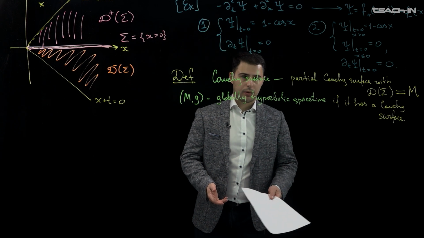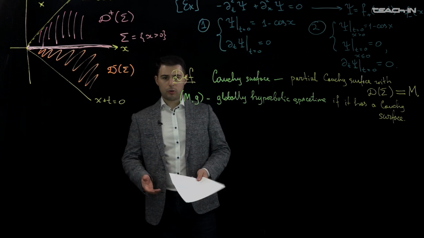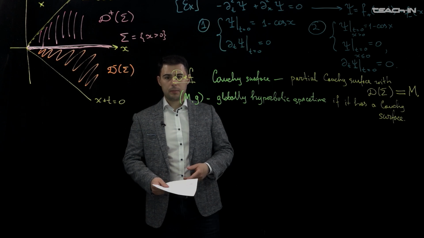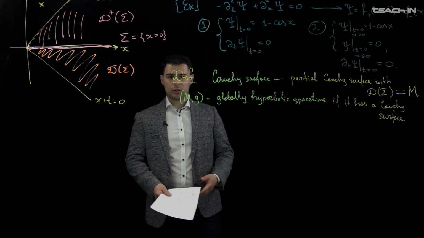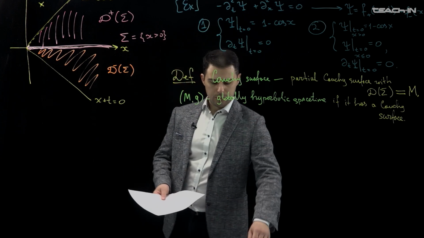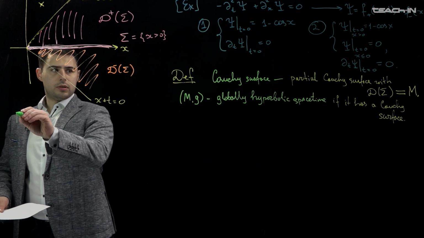Now, being globally hyperbolic is a very strong property. And in fact, it gives us the intuitive time structure in the full spacetime. So the following theorem was proven in Wald.